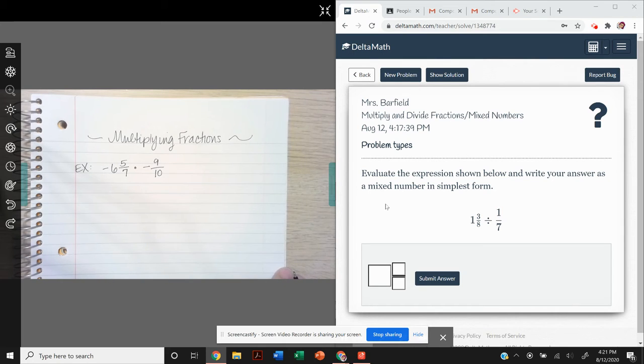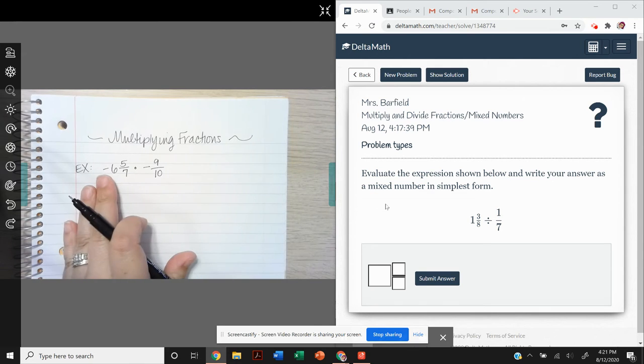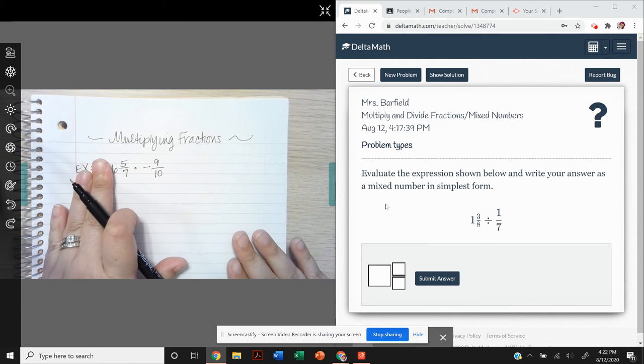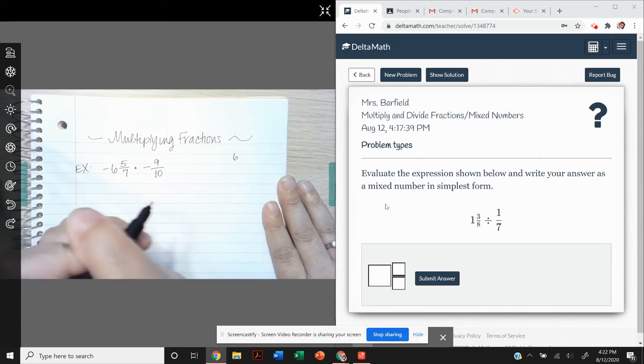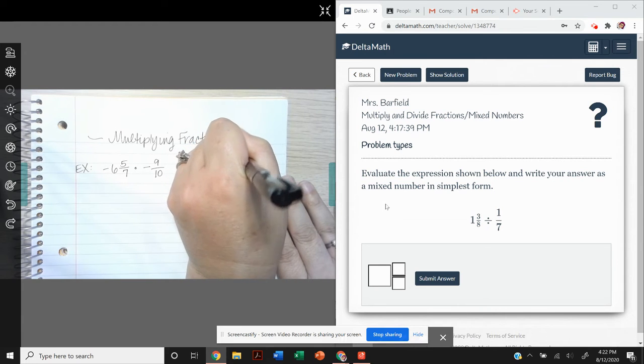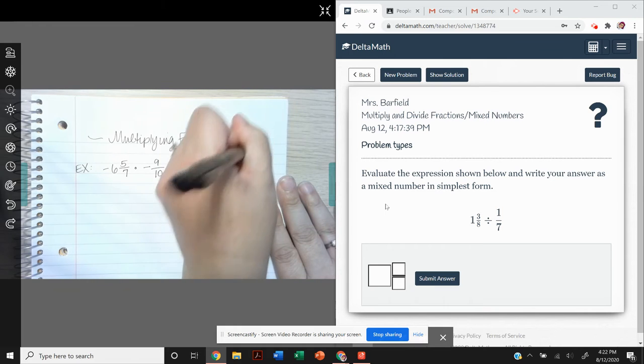Okay, so let's talk about how to do this one. First thing I have to do is take this mixed number and convert it to a fraction. For the moment, I'm just going to ignore the negative sign. It's not going to be a part of my step at the moment. So I'm going to go over here off to the side. I'm going to remind you, if you have 6 and 5/7, you multiply here. So 6 times 7, you multiply.